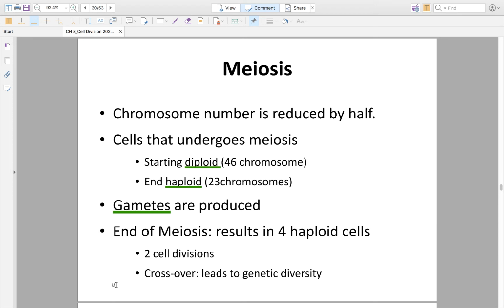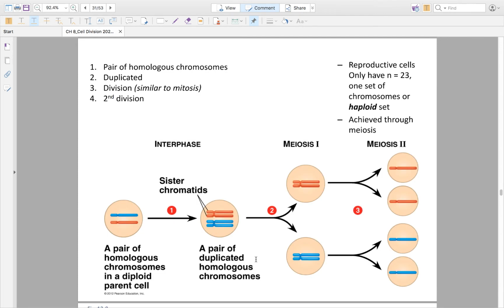At the end of meiosis, this is a huge variance from mitosis, we're going to end up with 4 haploid cells, and they're going to be genetically unique. In meiosis, there are 2 rounds of cell division, and there's a process called crossing over, which leads to something called genetic diversity.